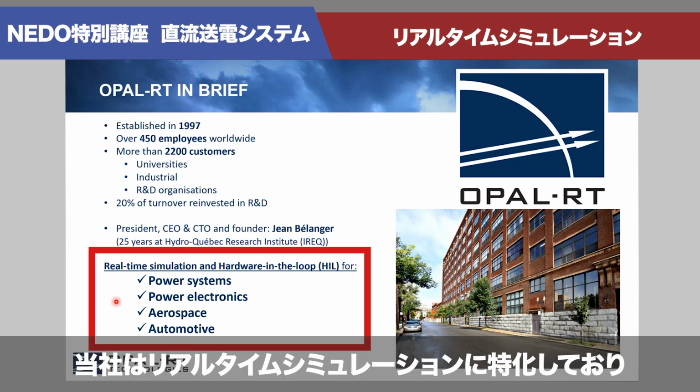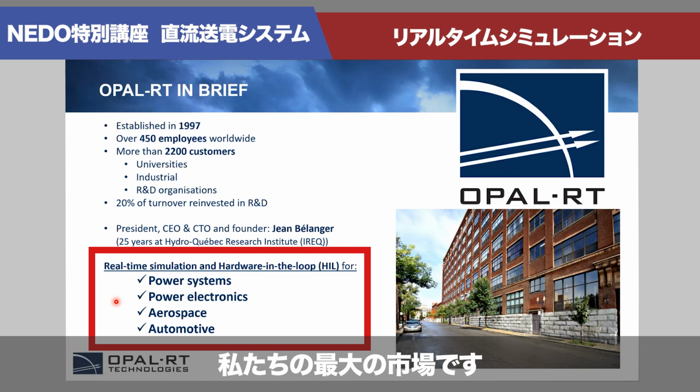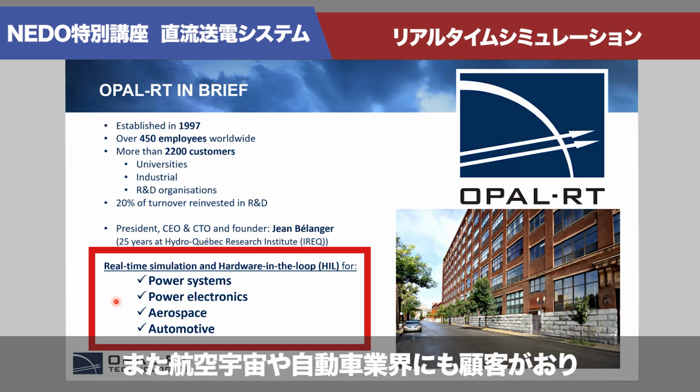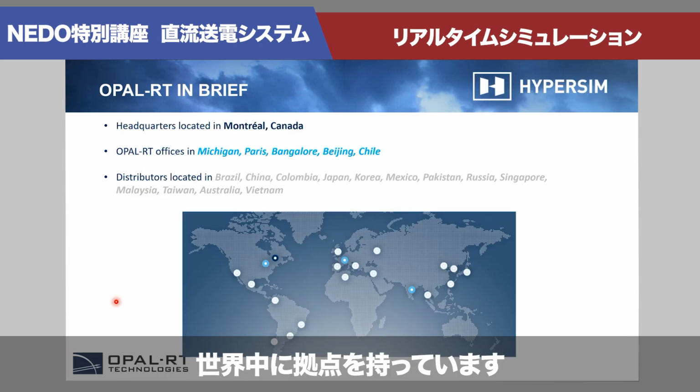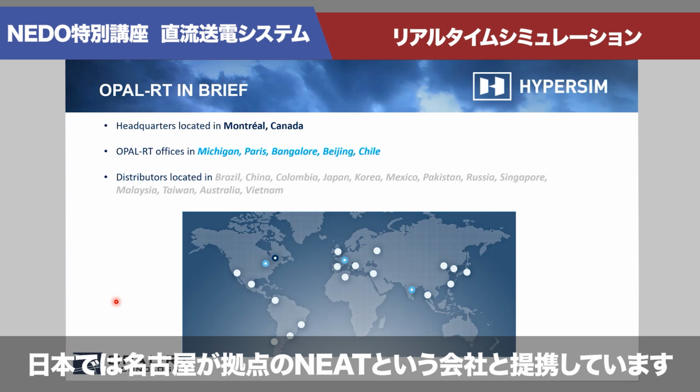We are specialized in real-time simulation of power system and power electronics, which are our biggest markets. We also have customers in aerospace and automotive. Everywhere in the world we have representation, because we have offices in many locations, and in other countries we have distributors. In Japan, we're working with a company called NEDO, which is located in Nagoya.